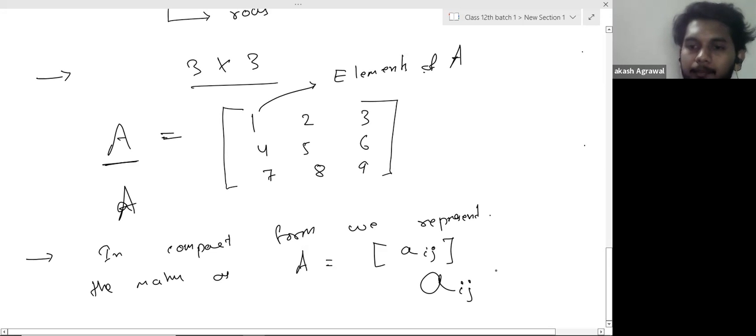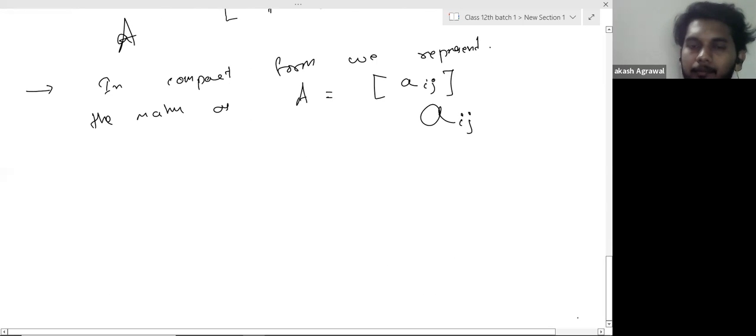Write it down: a i j. So what i means here is rows, and j means columns.